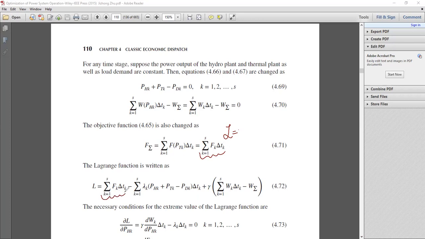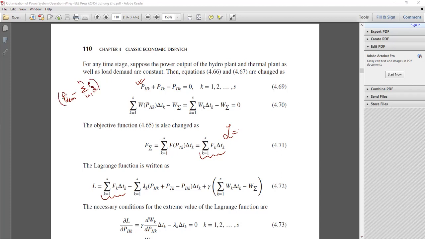Then you take the equality constraint, let's say, where you have the generation equals to demand, and you can go in both directions, as we did earlier for ELD all thermal cases. What we did, if you remember, it was P demand minus summation of i equals 1 to n PGi.